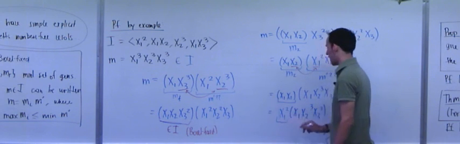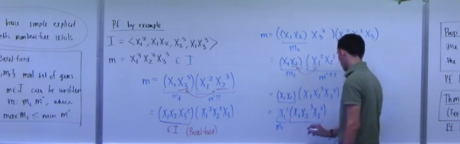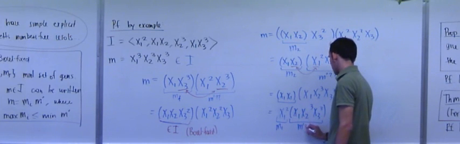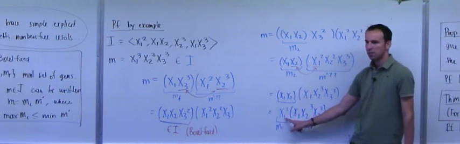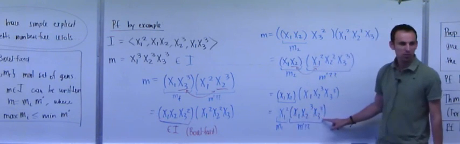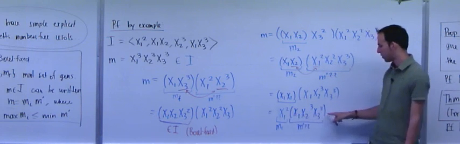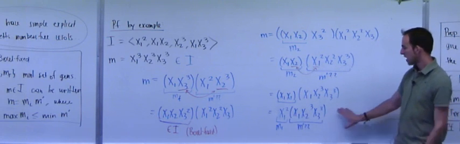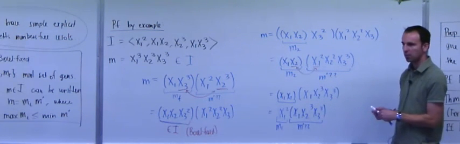Okay? And now again, I have a new candidate for an mi. I have a new candidate for an m prime. And again, I check. Is every variable here less than or equal to every variable here? And now it is. Here I have 1, here I have 1, 2, and 3. And that means that now I satisfy this condition. And so I can let my algorithm stop.